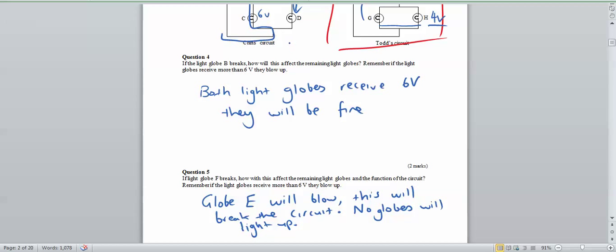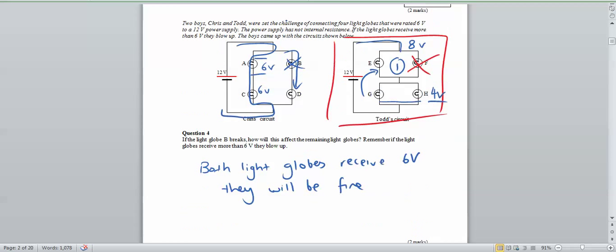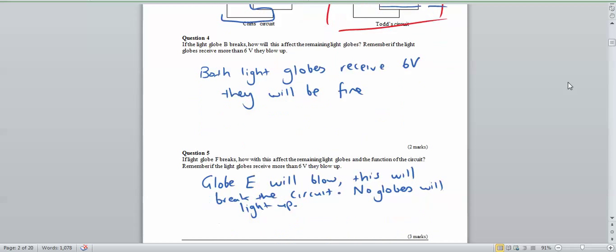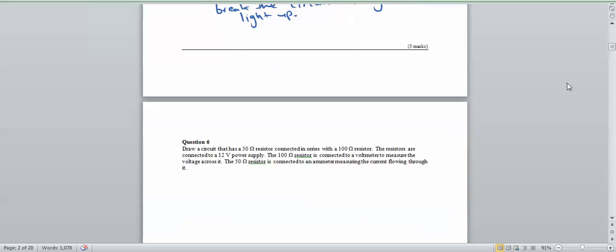The only way this arrangement will work again is if globe F and then E were replaced. Okay, because then they'll each receive 6 volts, which is perfectly fine. Alright, let's go to the next question.